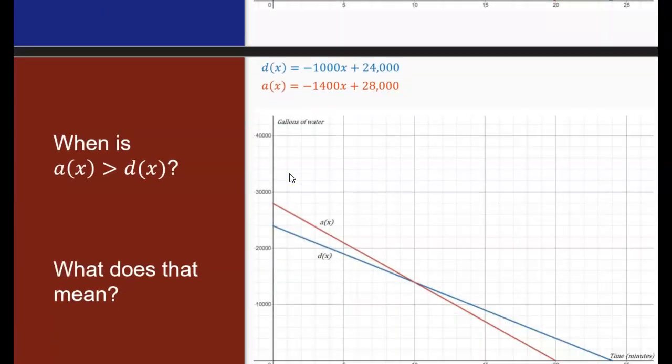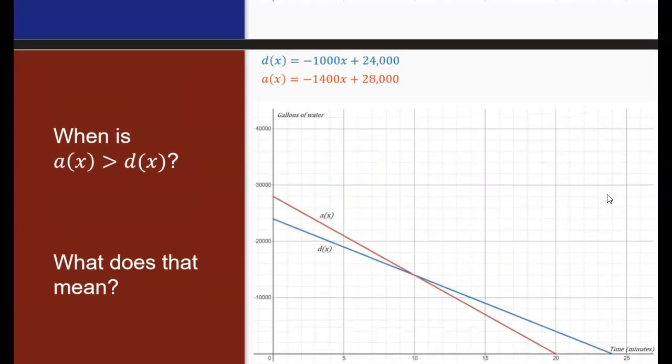Let's skip a couple of these, but let's stop on this one. When is a of x greater than d of x? Can you see that on this graph? Well, sure you can. A of x is above d of x here, so that's where it's greater. We can just circle that right up here.